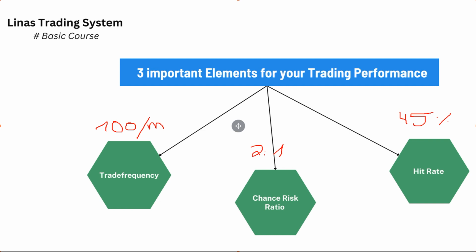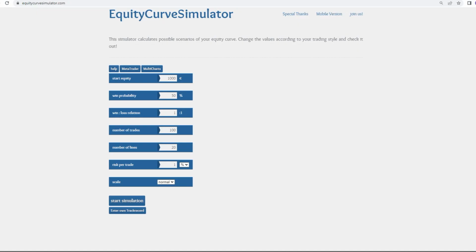So now let's see graphically how that would look like. And for that reason, I will introduce to you the really powerful tool I promised to you. We go to equitycurvesimulator.com and type in the data from our example strategy. So let's start with an account size of 10,000 euros in this case. And we said we have a win probability of 45% and a win-loss relation of 2:1.